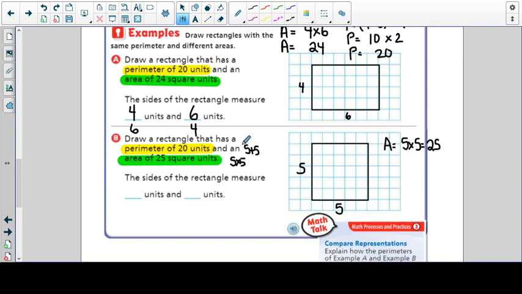So I can either multiply this whole thing by 2, or I could say 5 plus 5, and then double it. Either way you look at it, you end up with 20. So an example here is going to be 5 units and 5 units.